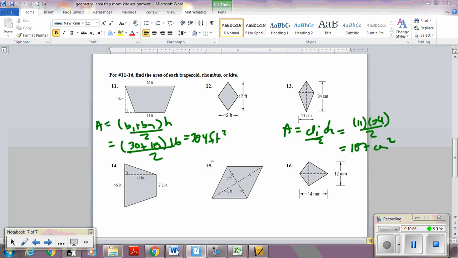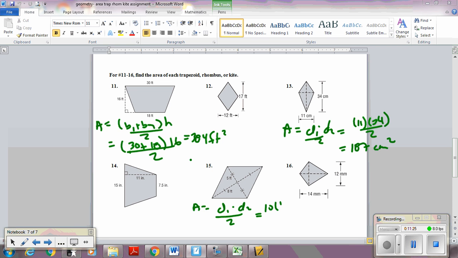15 appears to be a rhombus, but it's, yes, it's a rhombus. Sorry. And we need just the diagonals. So if its area is equal to d1 times d2 over 2, so the first diagonal is going to be 10.